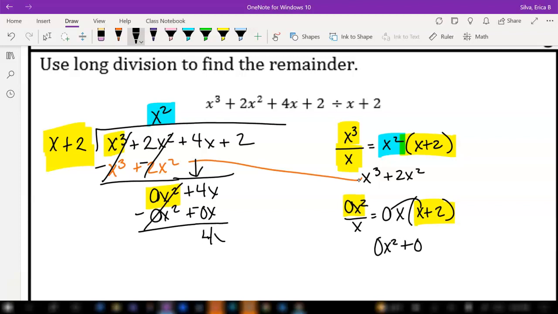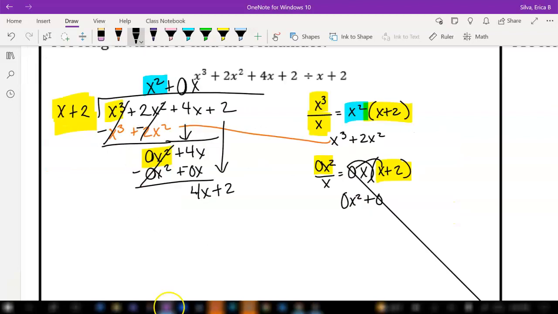And then we get 4x, and then bring down that plus 2. So then we're going to do the process again with 4x. So we've got 4x divided by x. That's 4 multiplied by x plus 2. We get 4x squared. 4x plus 8.